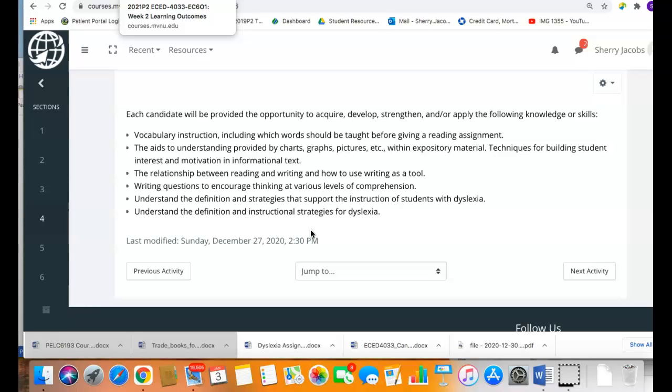We'll talk a little bit about the relationship between reading and writing, about writing questions to encourage thinking at various levels of comprehension, and to understand and define strategies for dyslexia and to be able to apply those.